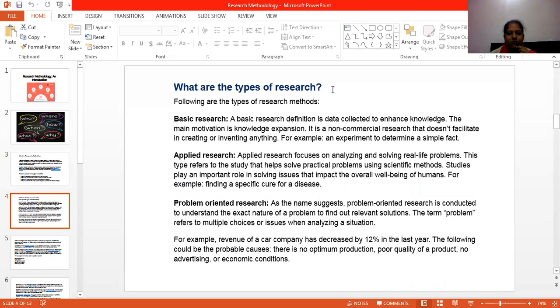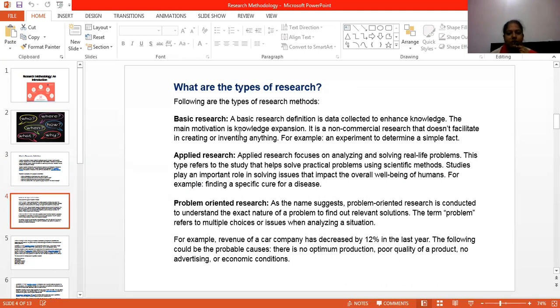What are the types of research? Following are the types of research method. Basic research. A basic research definition is data collected to enhance knowledge.